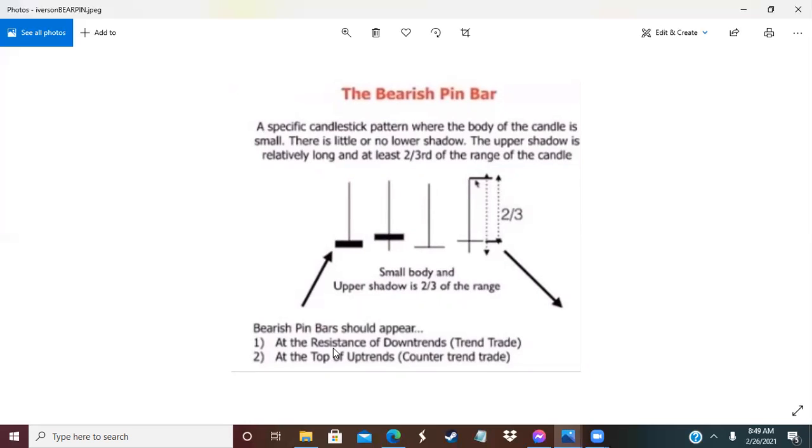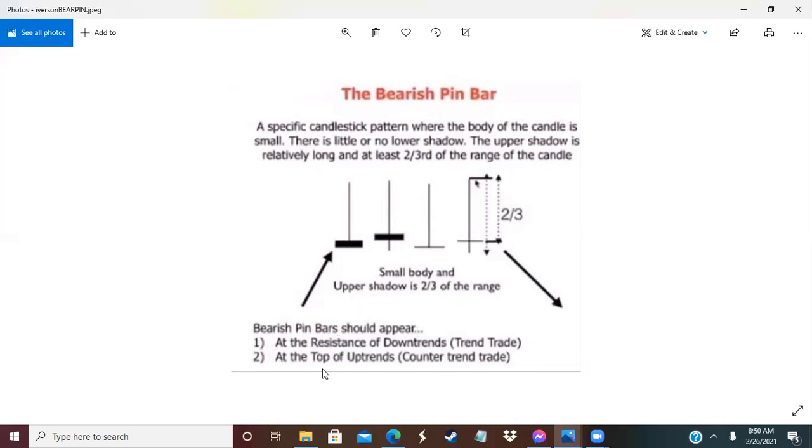You're following the trend. Okay, the stock is moving downward. It's reached a resistance level. Okay, so it shouldn't be able to go any higher. And you see this pin bar giving you an indication that the stock is going to go downward, and it does. Okay, it does. So that is a trend trade.